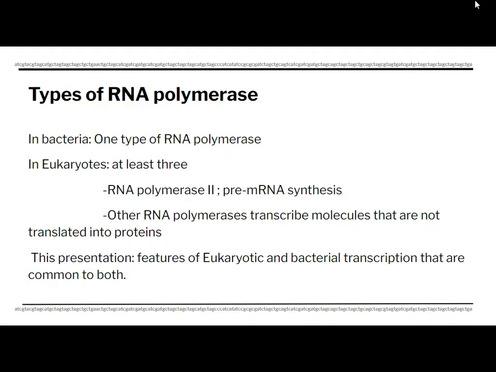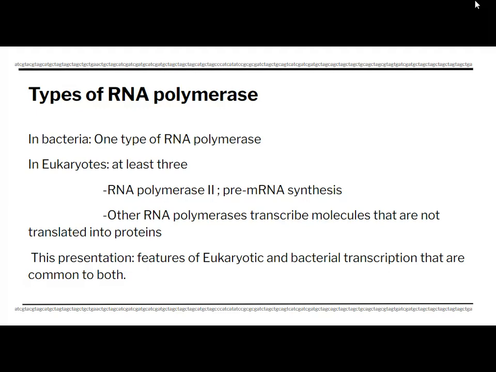Throughout this presentation, we won't focus a lot on the nuanced differences between the bacterial and eukaryotic RNA polymerases. The factors of transcription are common to both. The way RNA polymerase 2 functions in pre-mRNA synthesis is very similar, if not identical, to the process of the one type of RNA polymerase in bacteria.